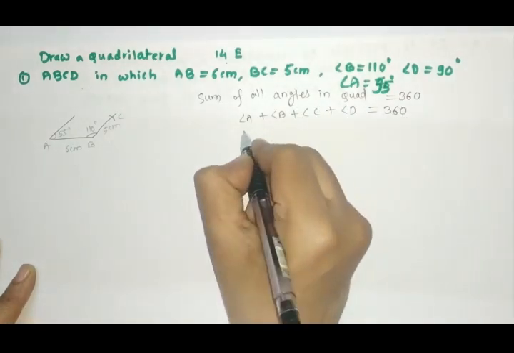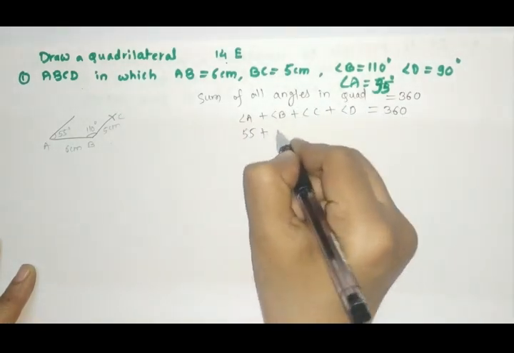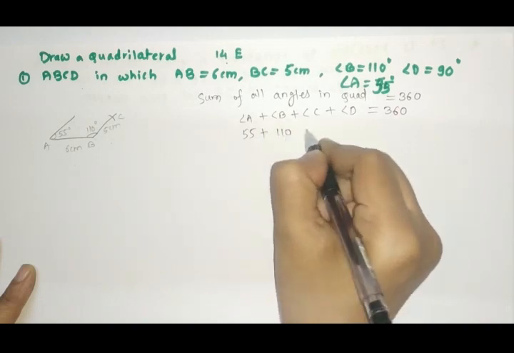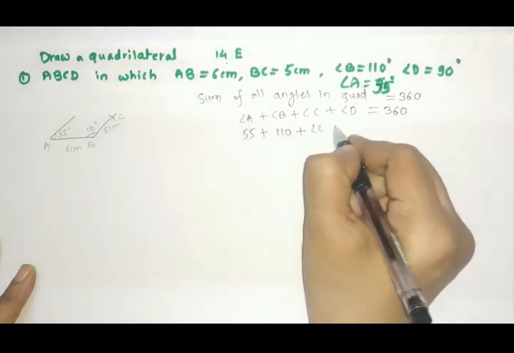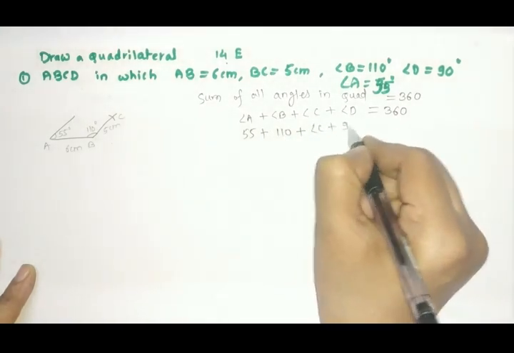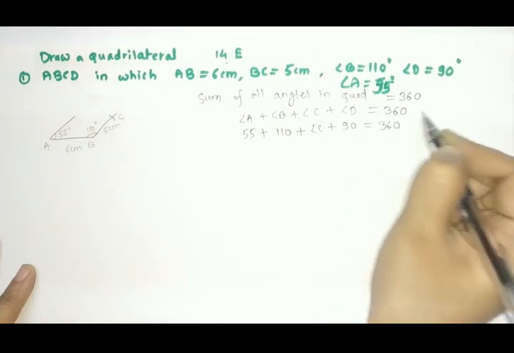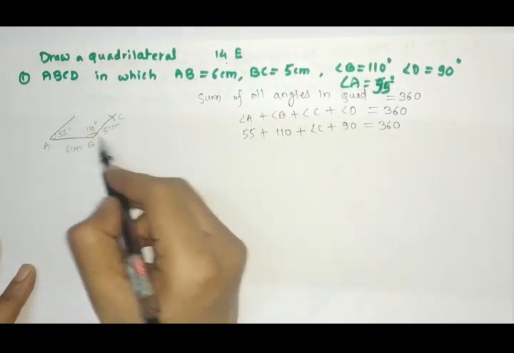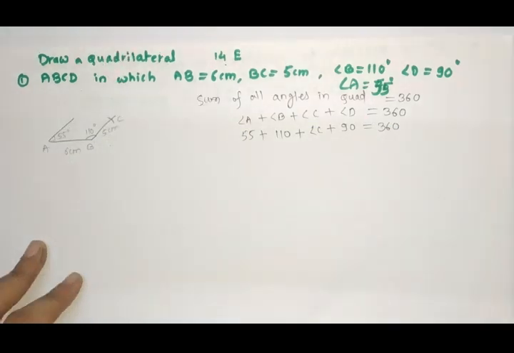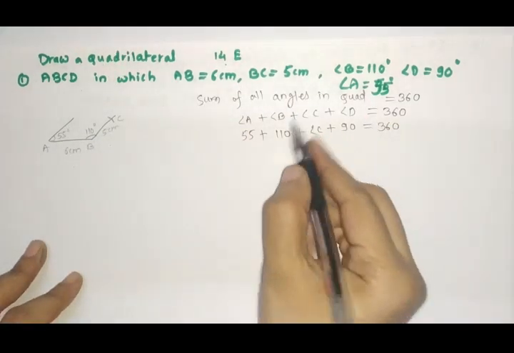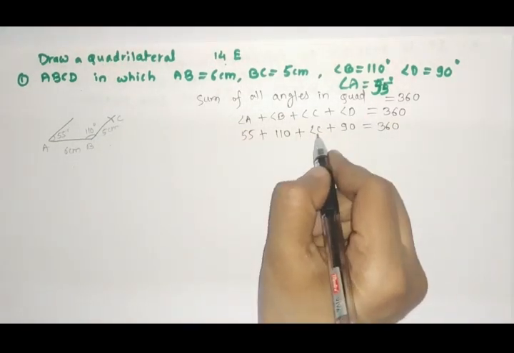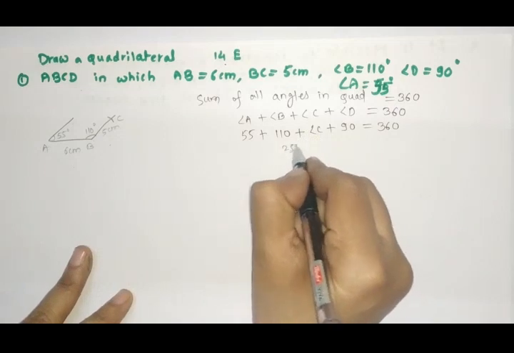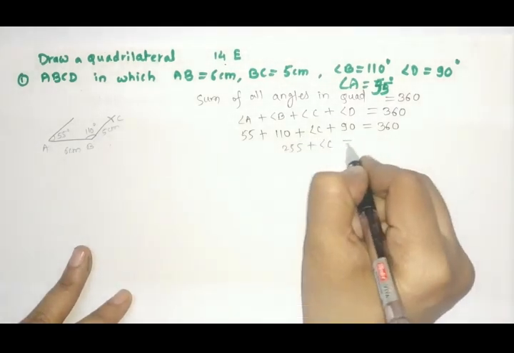So angle A plus angle B plus angle C plus angle D, you are going to get 360 degree. So we'll just put the values. It is 55. Angle B is 110. C we need to find out, and D is 90. Why are we finding it? Because our figure will remain incomplete. So friends, we'll get the addition 110 plus 55 plus 90, which is 255, plus angle C is equal to 360.